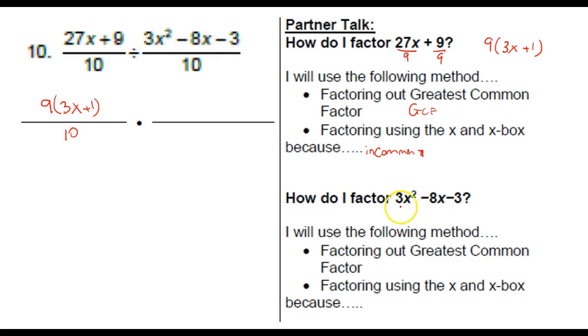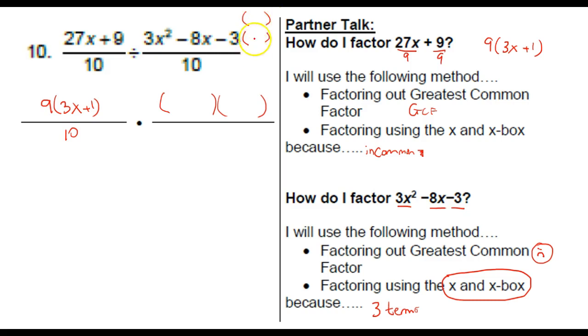The reason there's 1, 2, 3 terms already signals to me that we might be using the X box because there are 3 terms. Also, they don't really have anything in common, which is kind of sad, but we could factor that out. And then students factored, I might need to write these one on top of the other, so my bad.